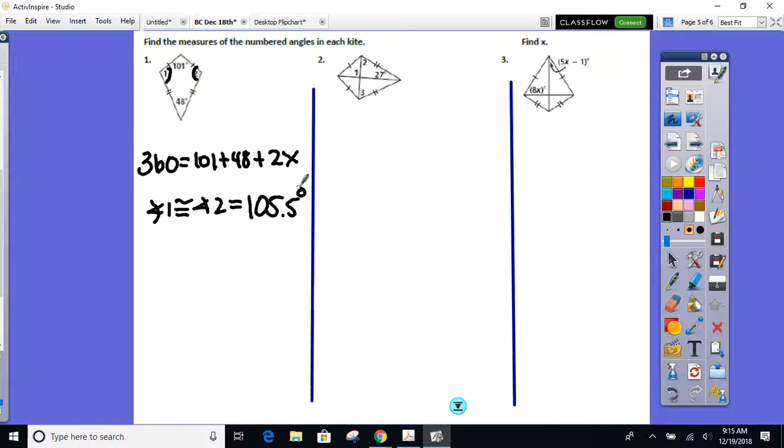Okay, here we go with number 2. We should be able to find it. I know we're brand new to these properties, but look back. What's angle 1 right now? 90. Diagonals are perpendicular. So if that's 90, that means all those angles are 90. So I should be able to find angle 2 right now, since there's 180 degrees in every triangle.